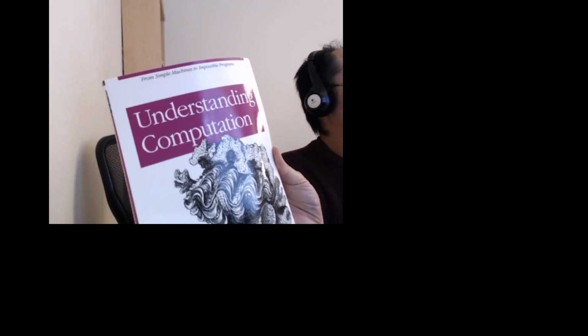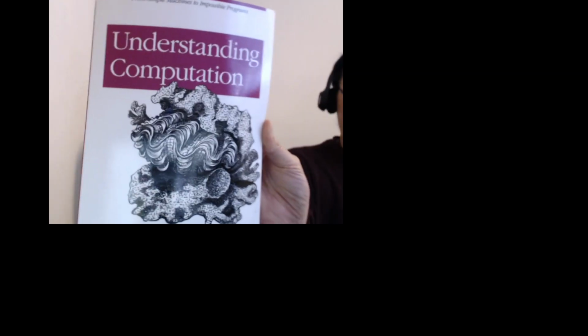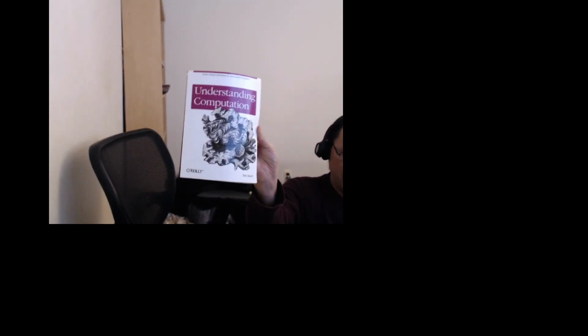This book, a friend gave it to me. Huang, okay, he gave it to me. I haven't read it. It's Understanding Computation in Ruby. They use Ruby to have code. I haven't read it, I just read Wikipedia.